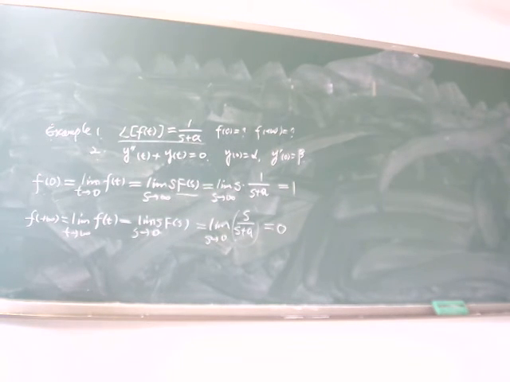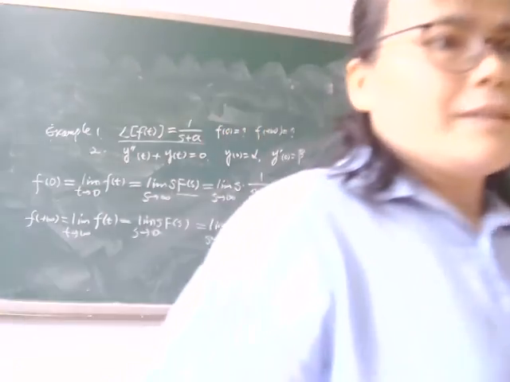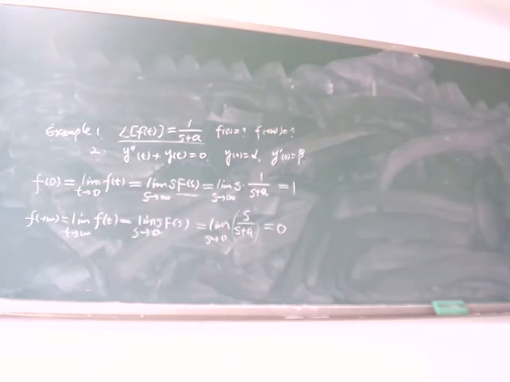Here is A. Now, how to do this one? Because this s tends to infinity, we can say it is infinity.